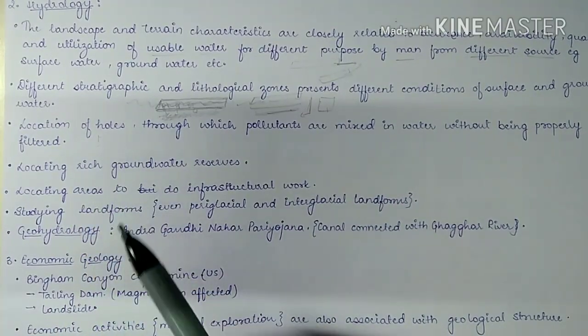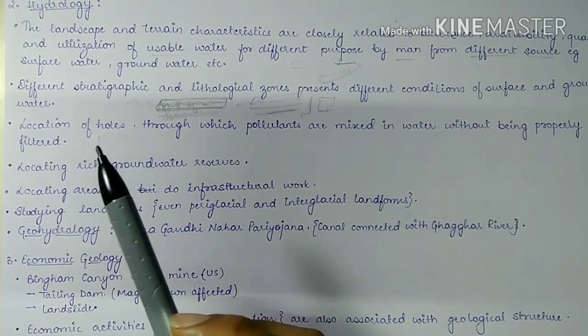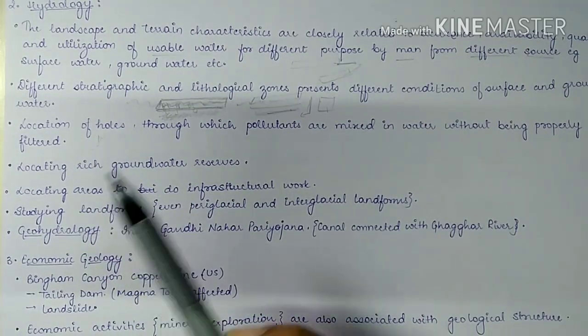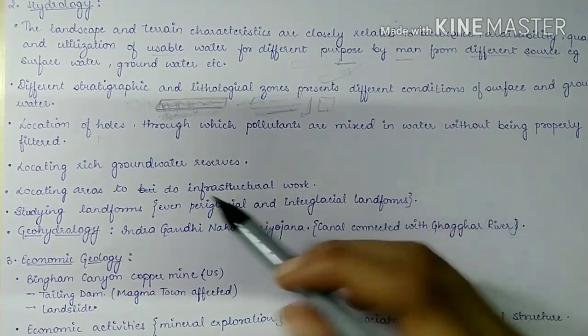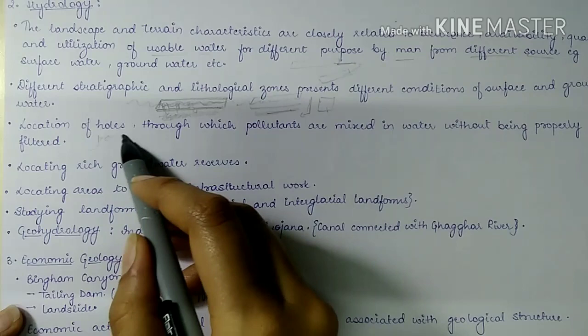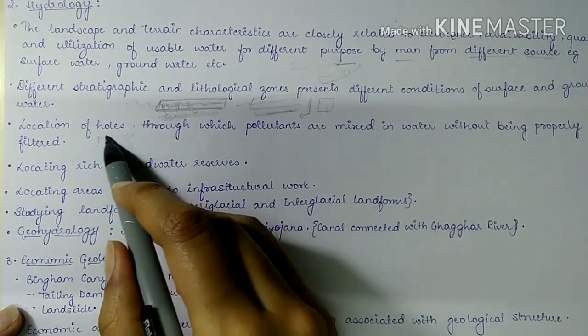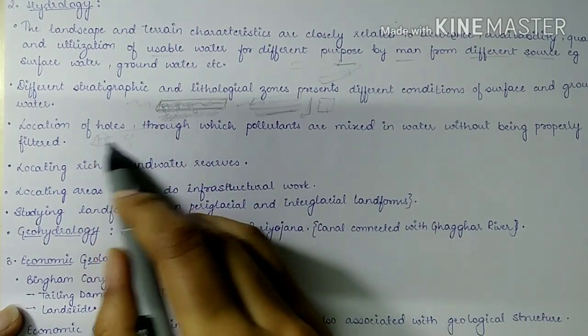Such holes are located simply by the process of applied geomorphology. Here we use colors, which determine or locate the area of the holes, and we can use sandstone.